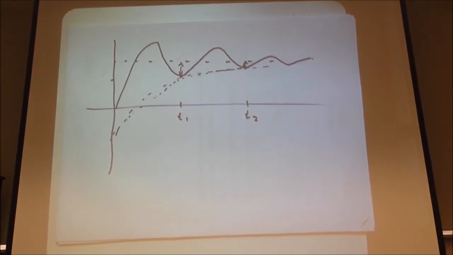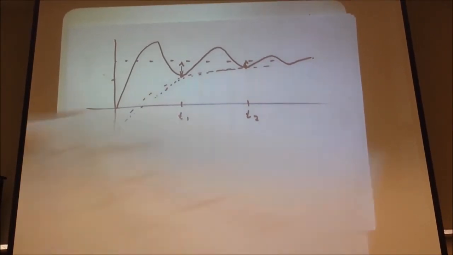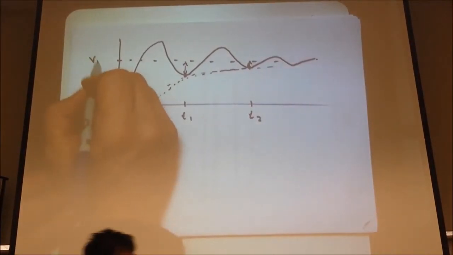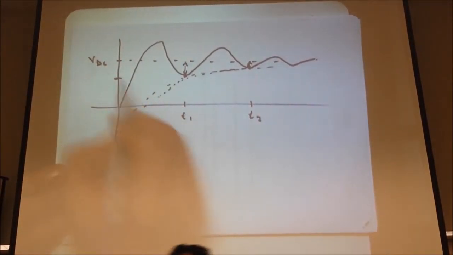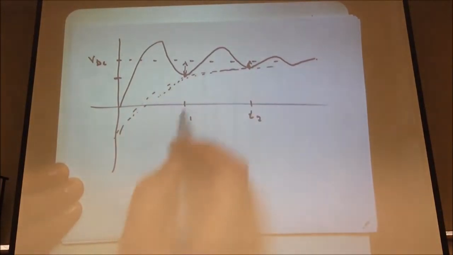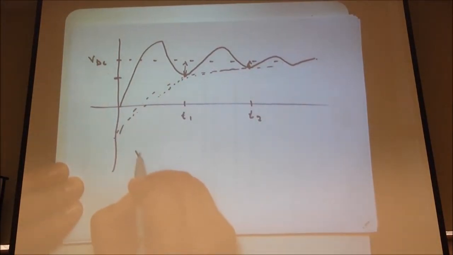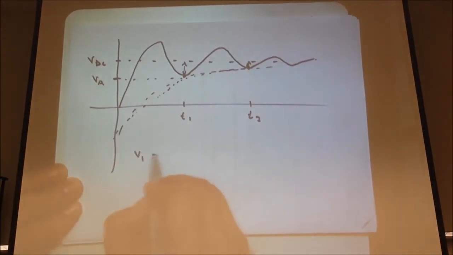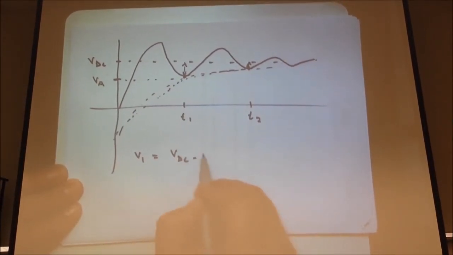It's the offset from the DC steady state that you're concerned with. It falls out naturally here. This is our V_BC, and this is our V. I don't want to call it V1, but V1 in this case is, I don't call that V_A. V1 is V_BC minus V_A.